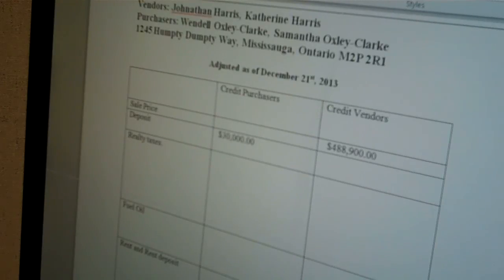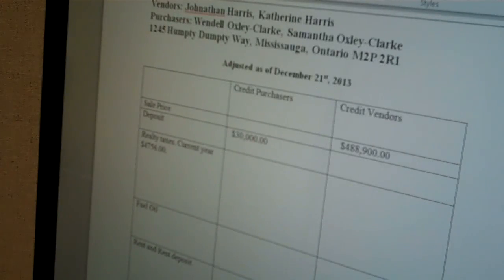So now we're going to work on the realty taxes, and the realty taxes for the current year are $4756.00. So I've entered in the amount current year 4756, and we've got to work out the per diem. So I've got a big calculator here that I use, and hopefully you can see this. 4756 divided by 365 equals your per diem.